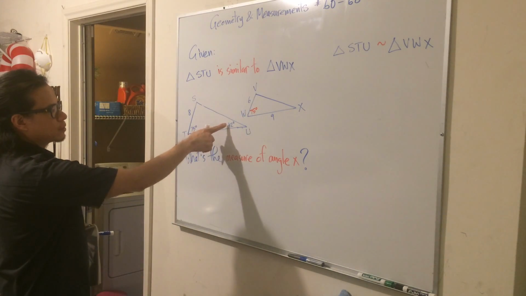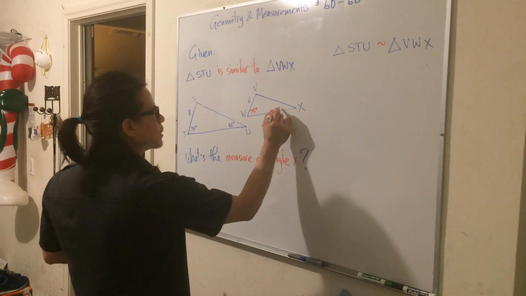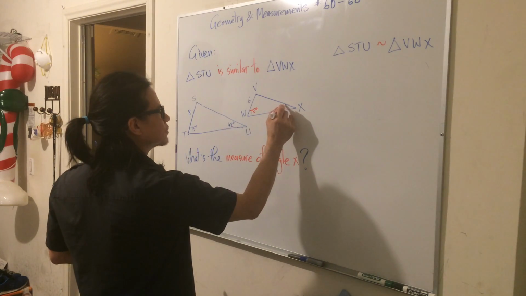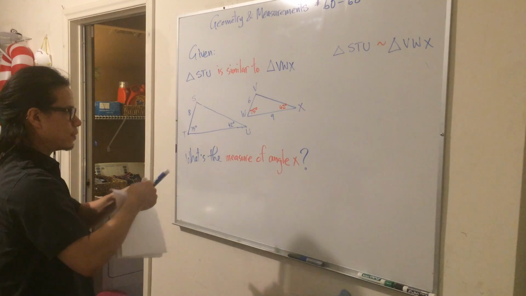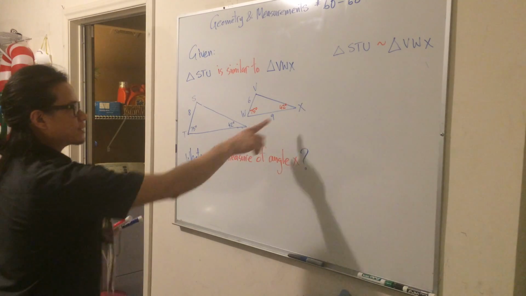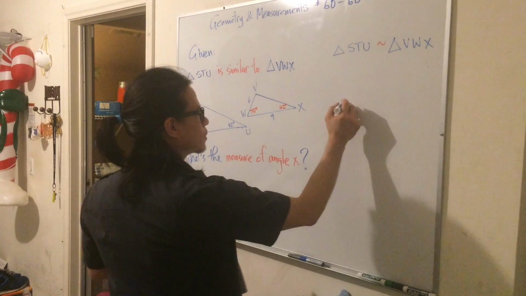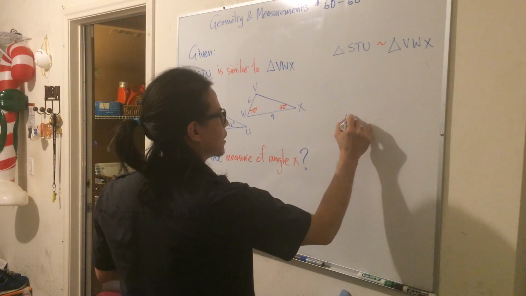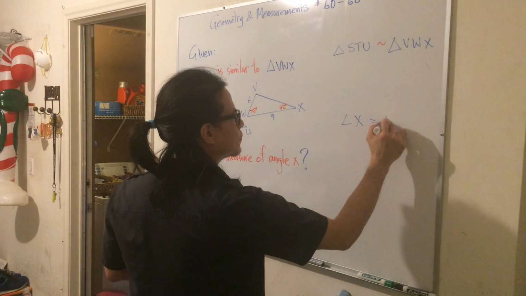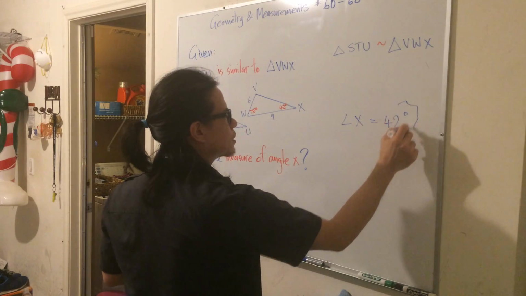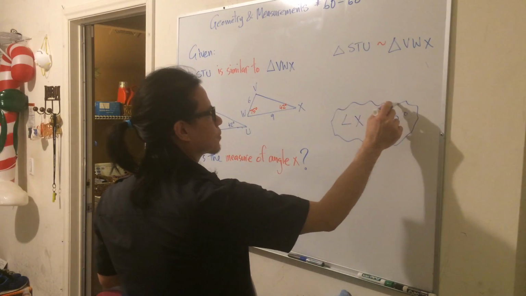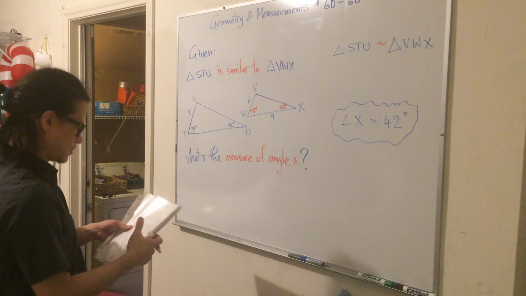If that's 42 degrees, that means this one is 42 degrees also. Therefore, we can say angle X is equal to 42 degrees with confidence.